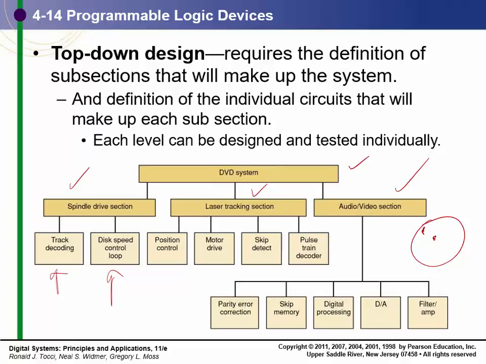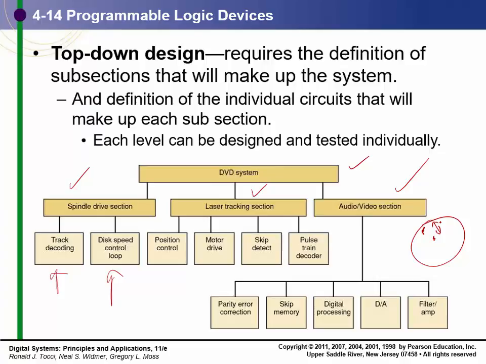Because the number of bits we need to read has to be consistent. So as you move your laser in and out from the center of the DVD to the circumference of the DVD, you have to modify the speed at which this DVD spins.